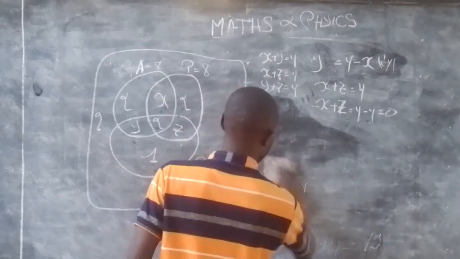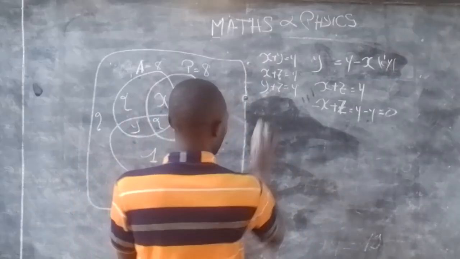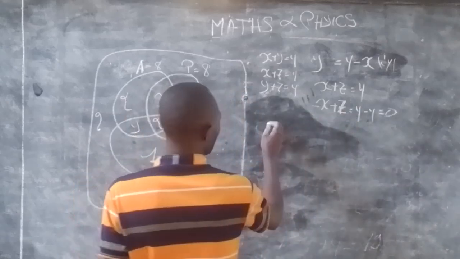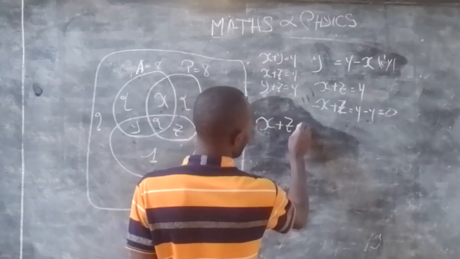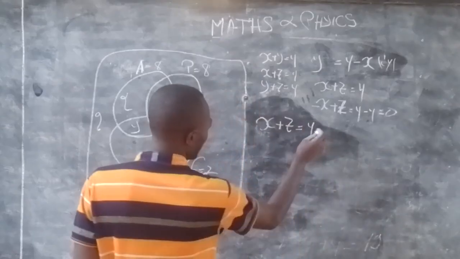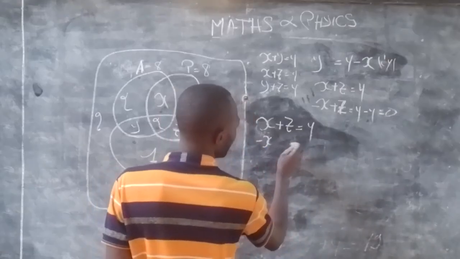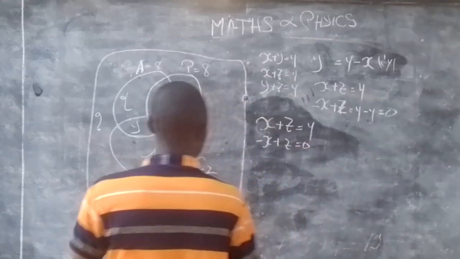Our equation will be equal to x plus z equal to 4. Here we have negative x plus z equal to 0.